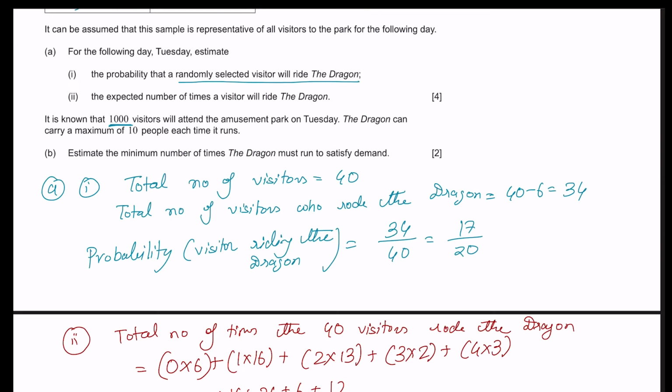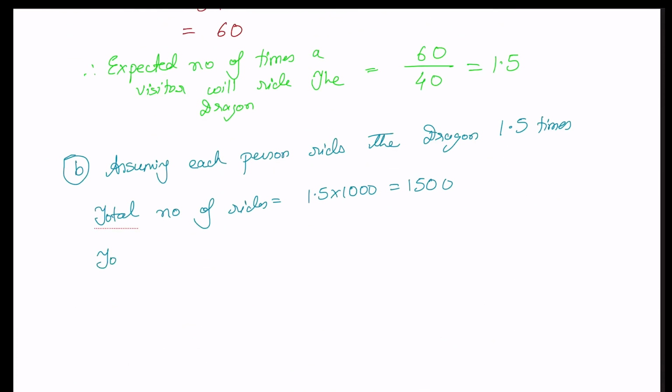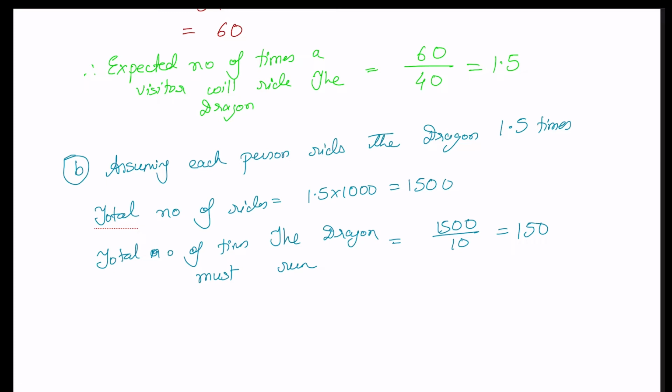Now see, each time this Dragon can carry a maximum of 10 people. So the total number of times the Dragon must run is 1500 divided by 10, which is 150 times. And this will be the answer to part C.